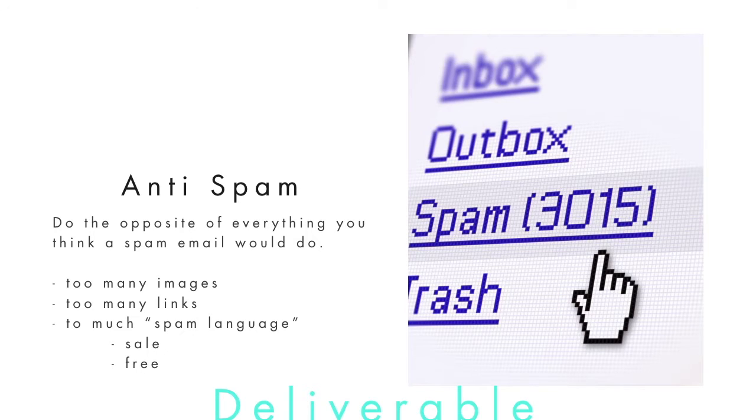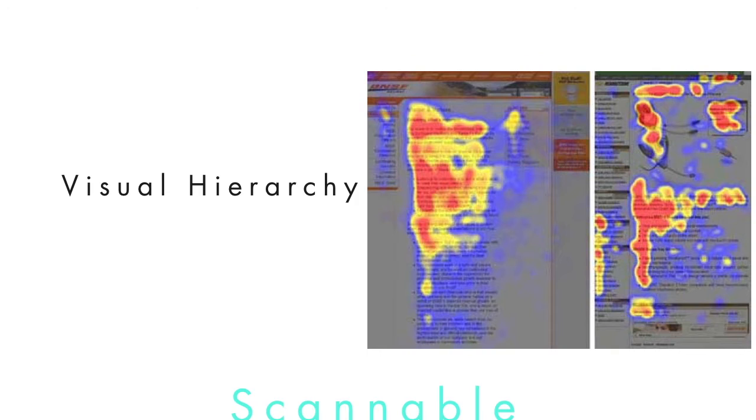We want to deliver high quality, meaningful things into people's inboxes that they expect and want and are glad are there. So as we're thinking through emails, we definitely want to think through visual hierarchy. So we want to make sure that we have big scannable text.